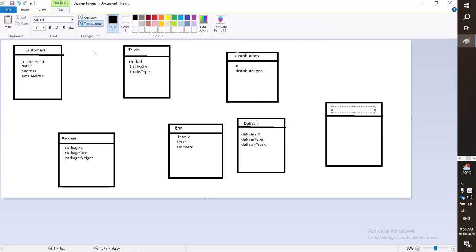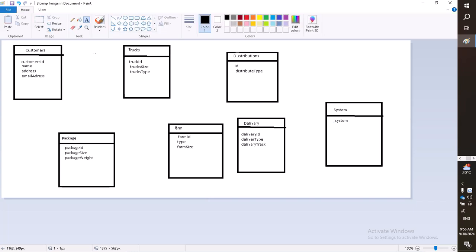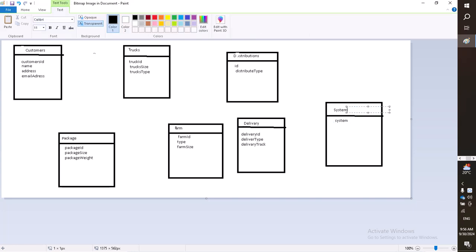Okay, the system, and then remember the first letter of the class is uppercase. System, and in the system I have system. I cannot say system, I say system. Maybe administrator.